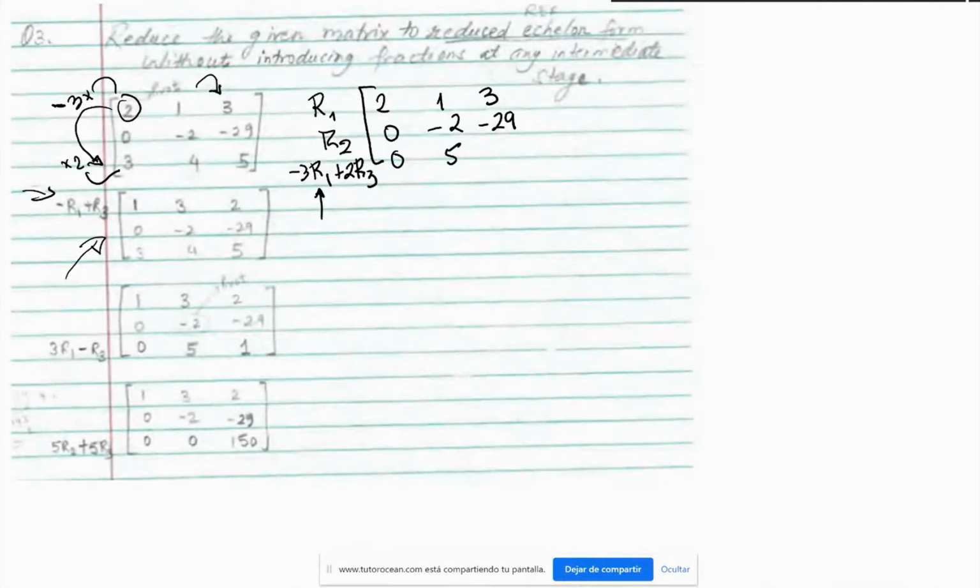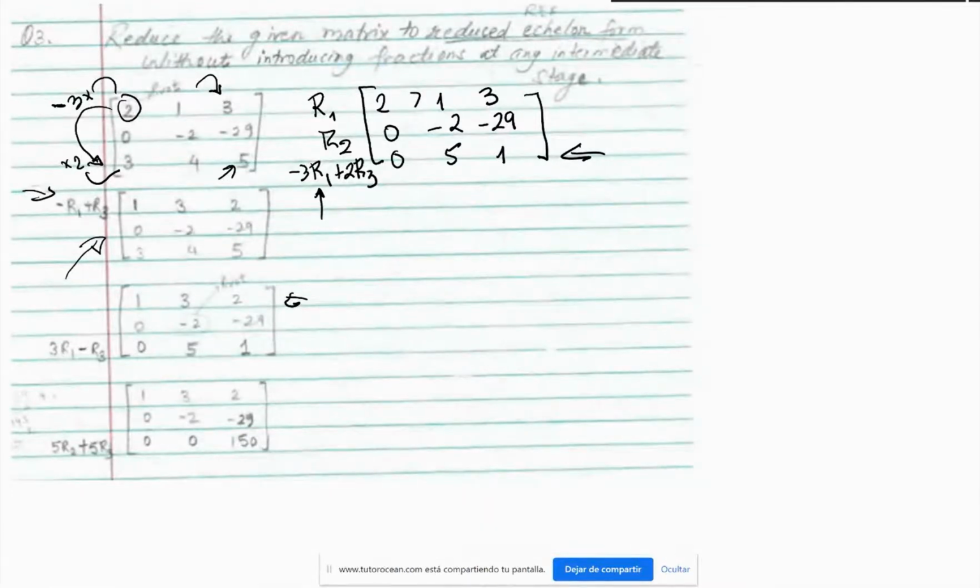Minus 3 times 3 is minus 9 plus 10 is a 1. Did you notice this row is just the one that you got here? The only difference is that I have 2, 1, 3 as the first row, and you have 1, 3, 2.